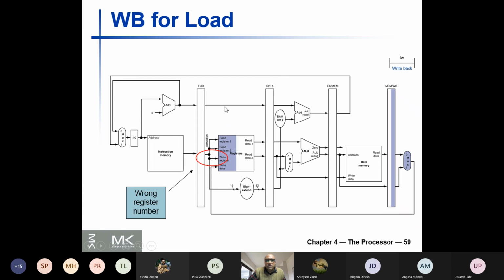To overcome this problem, whenever the load instruction is there, along with the data you are passing, you also need to pass the destination register ID, that is 5 bits, telling where to write. That also needs to be passed along with the load instruction as it goes through the different stages.